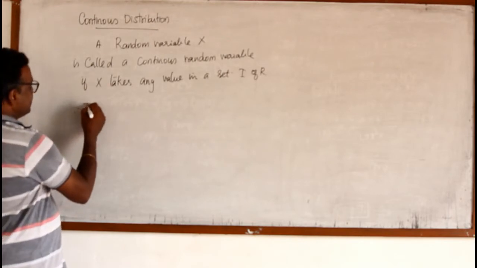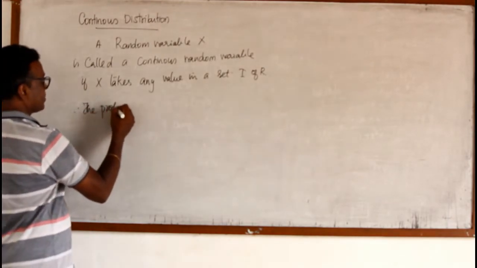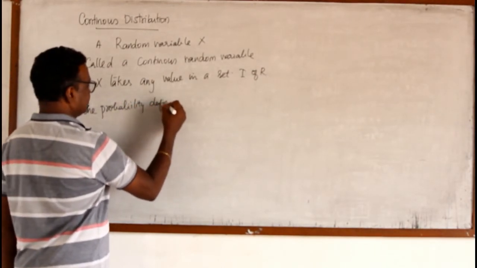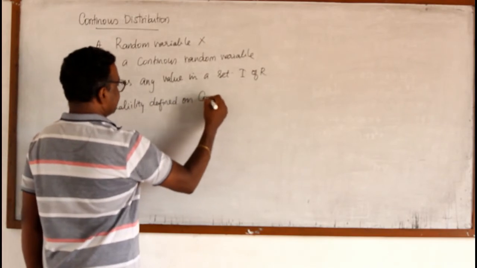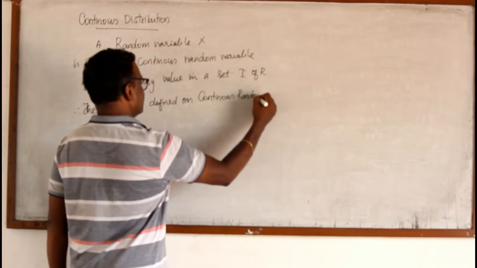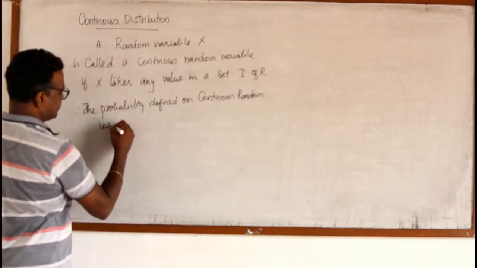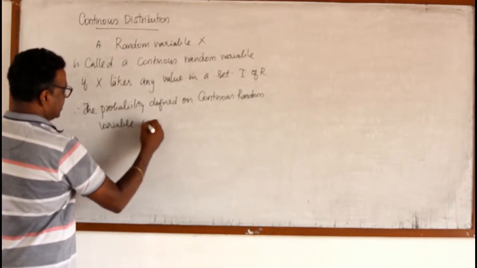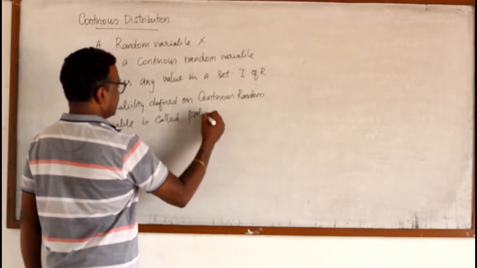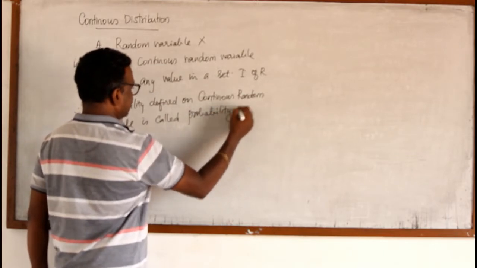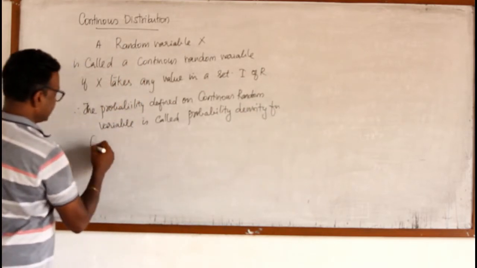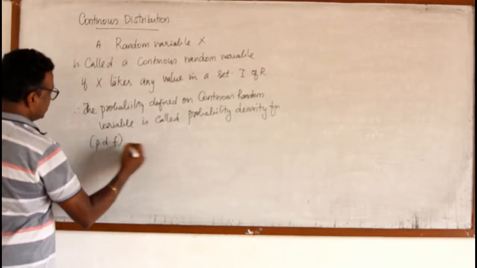So the probability defined on a continuous random variable is called probability density function, and we denote it as PDF with two conditions.